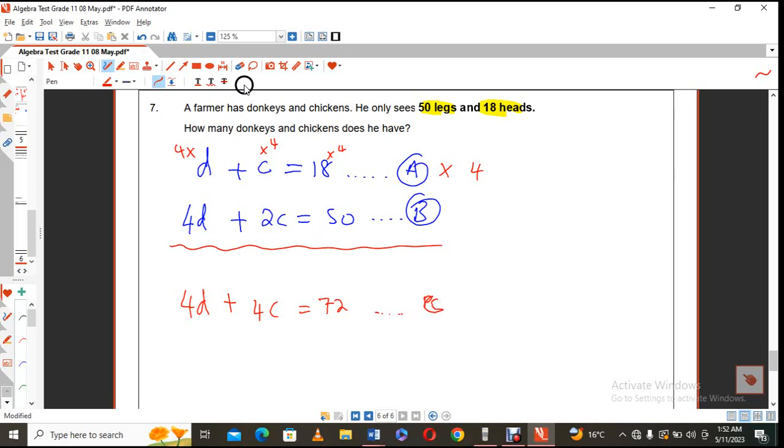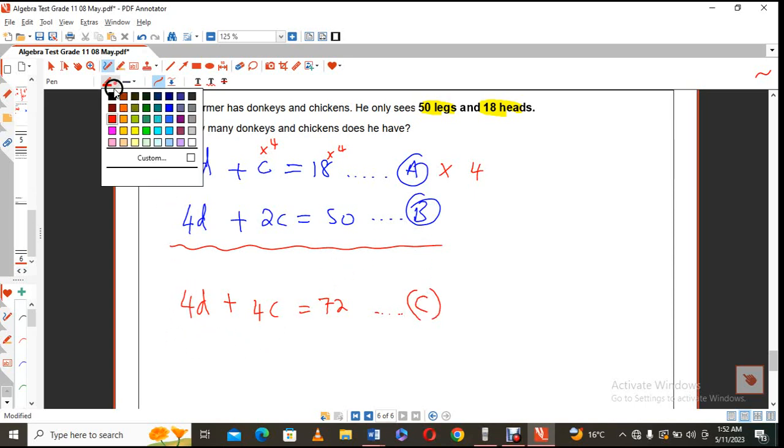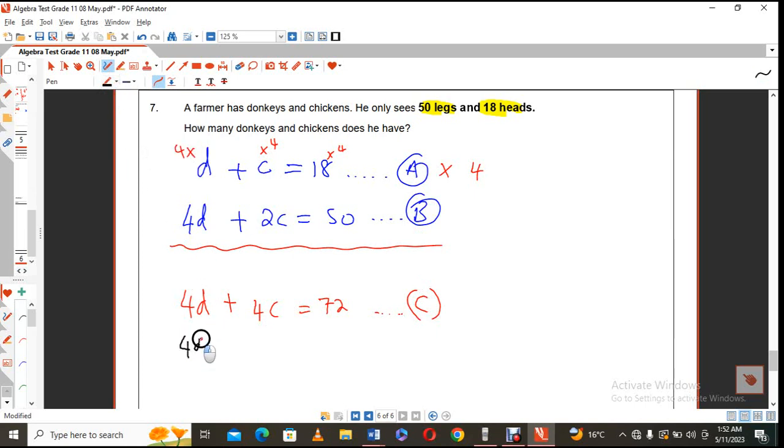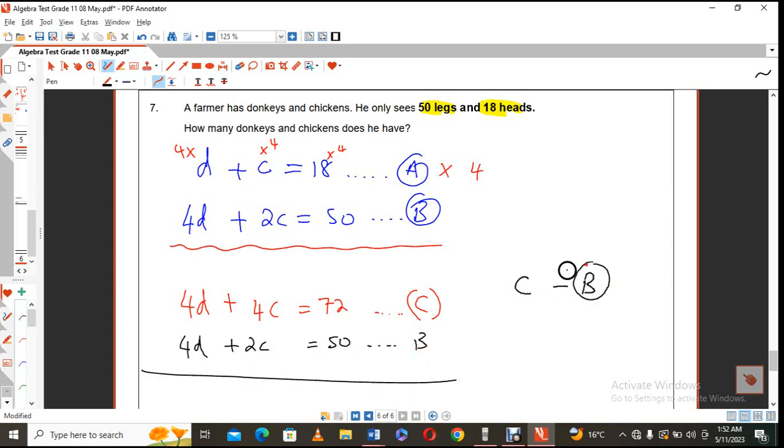So I will call this new equation C. It's a mathematically equivalent equation to equation A. The other one, equation B, was 4d plus 2c equals 50. So I'm going to take equation B and subtract it from equation C in order to eliminate my d's.